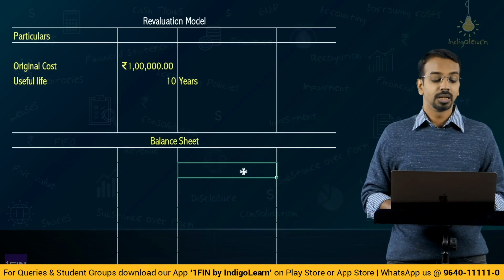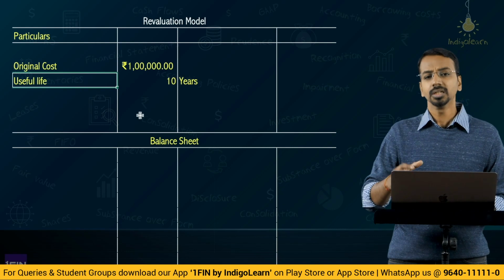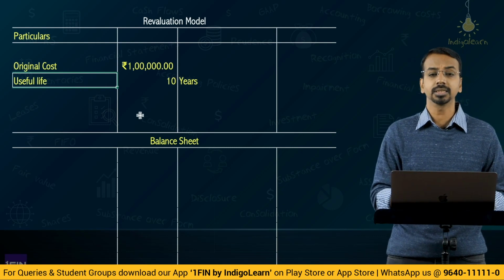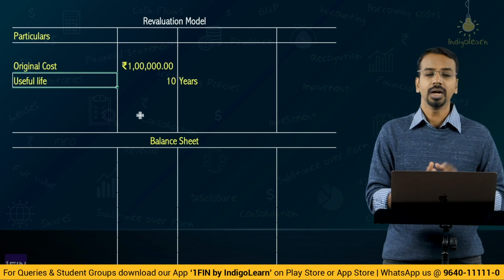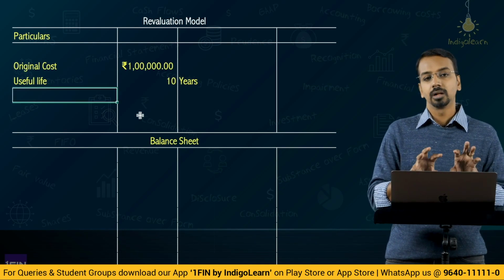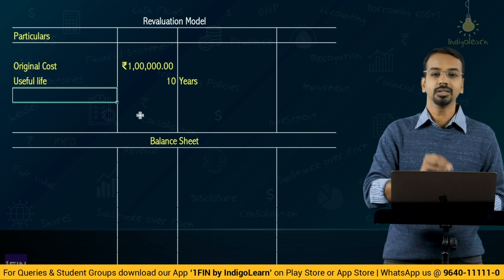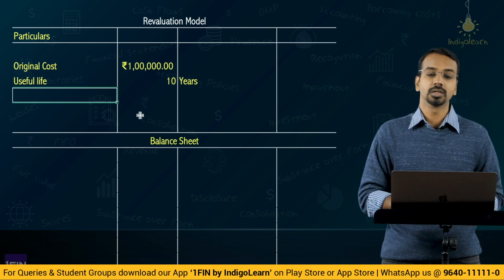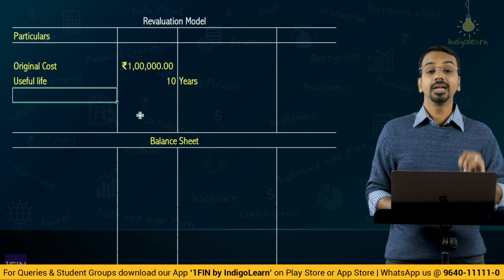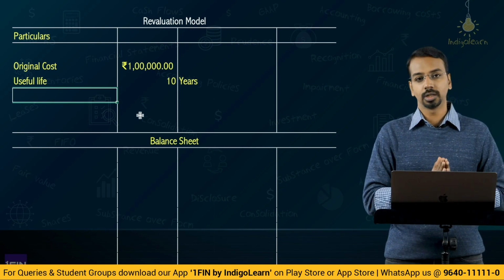Say for example, we have an asset with original cost of 1 lakh. The useful life is expected to be 10 years with no residual value, and we are following the SLM method of depreciation. So, every year the entity would charge 10,000 as depreciation to the statement of profit or loss. Now, at the end of 4 years, the entity wants to apply the fair value model, right?